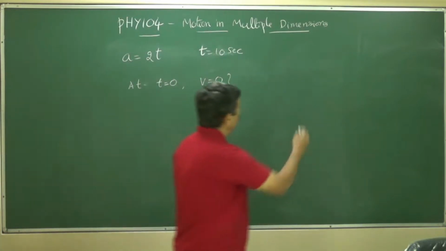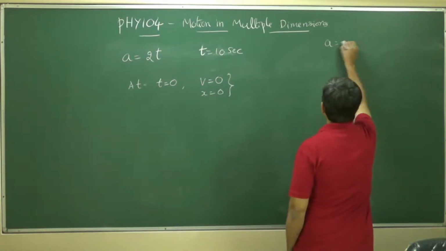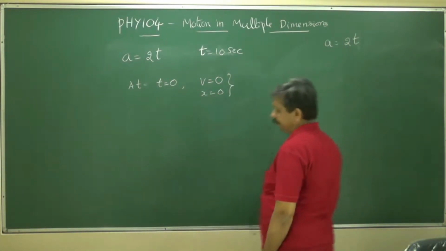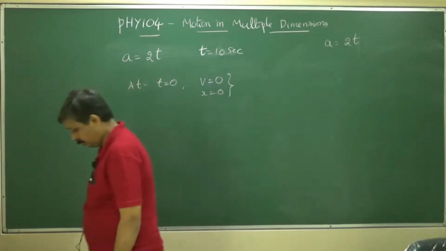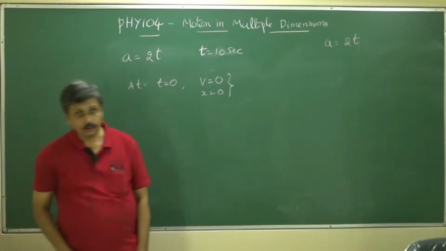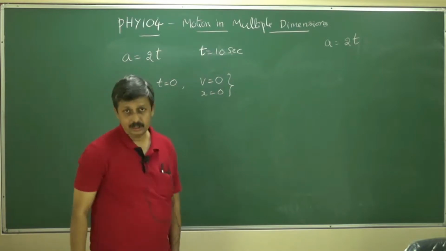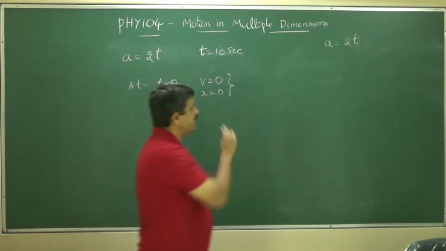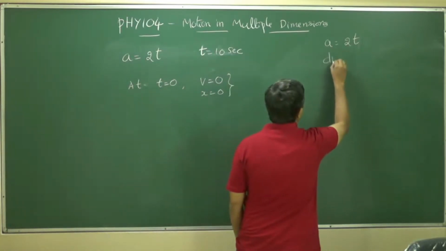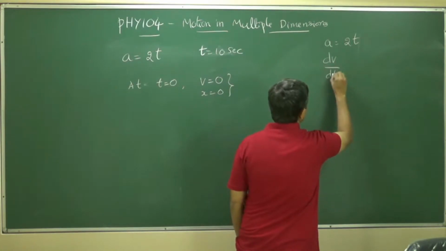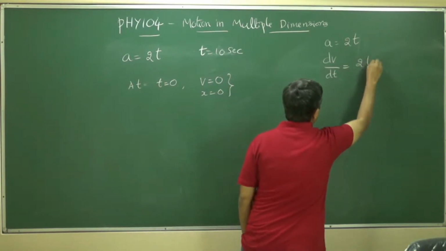So now I am going to write here A is equal to 2t. So if A is equal to 2t, I will write A as dv by dt is equal to 2t.